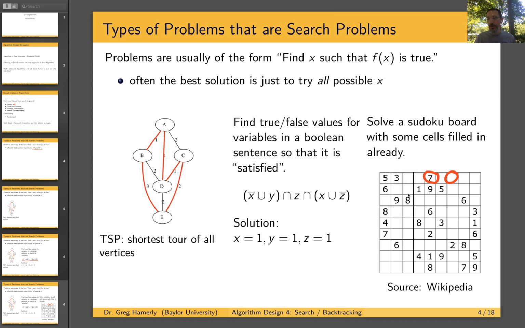And we know that, for example, we could deduce using the fact that 5 is here, there can't be any more 5s in this row. 5 is here, there can't be any more 5s in this row. And 5 is here in this column, so there can't be any more 5s in this column. So we can deduce that in this square right here, we have to place a 5 somewhere, so it must be here. Okay?